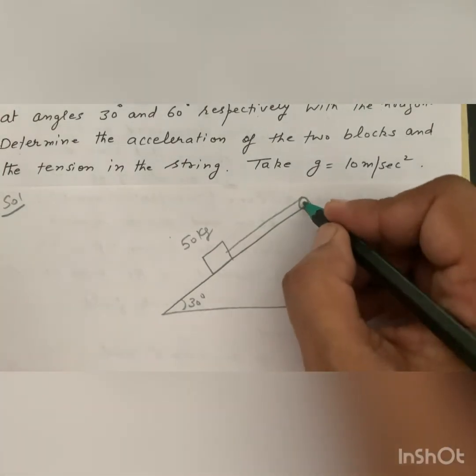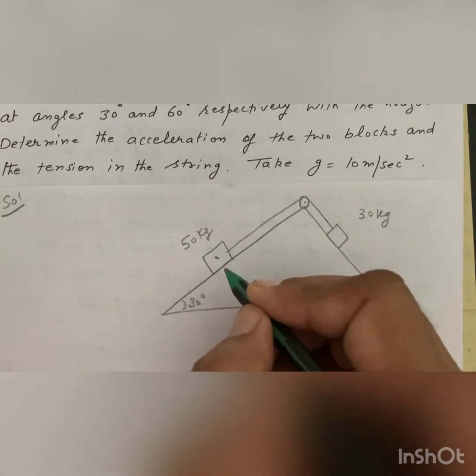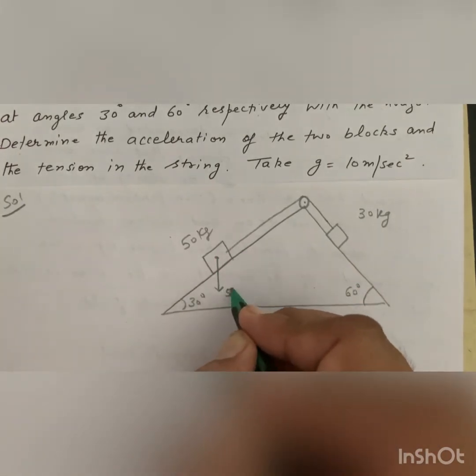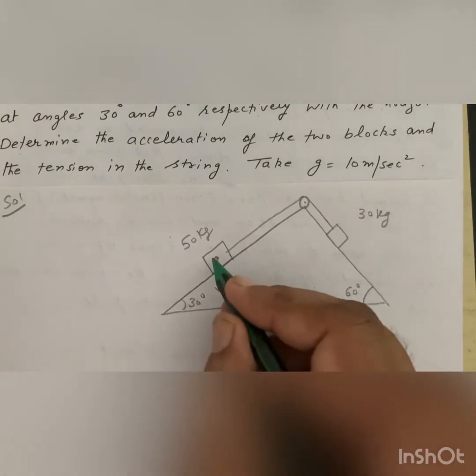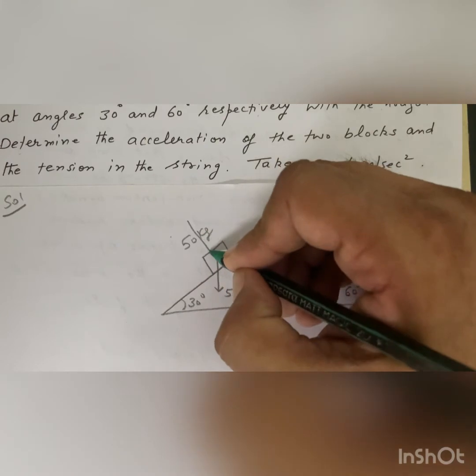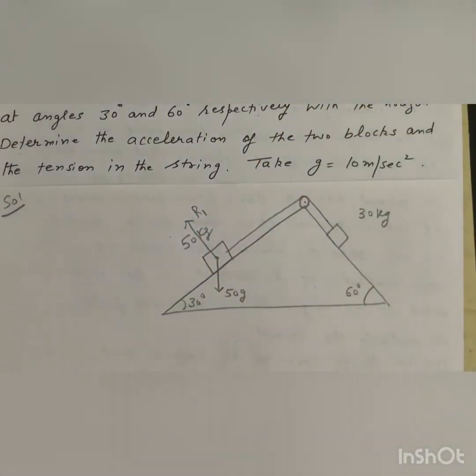The string is passing over a pulley. Now, the various forces acting on this mass are its weight, that is 50 G acting downward, and normal reaction say R1 in the upper direction.